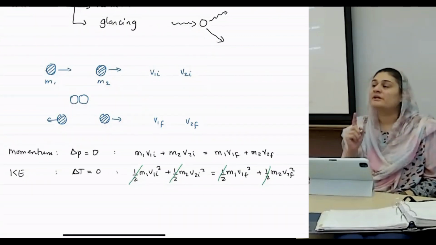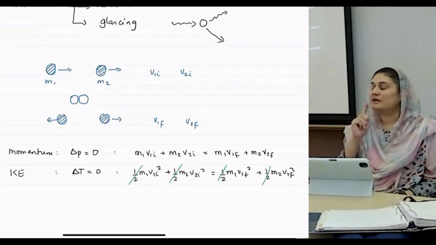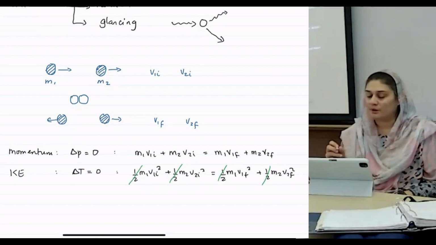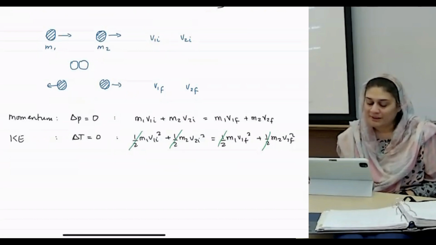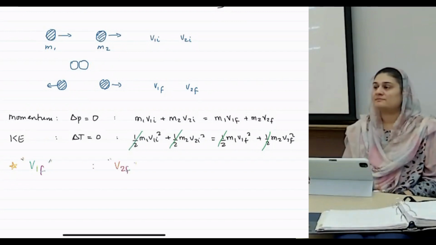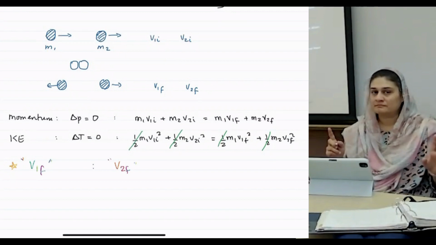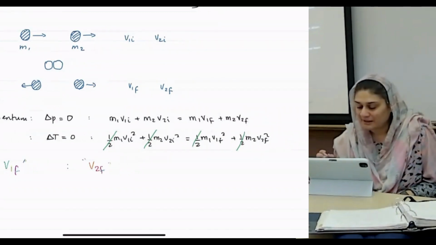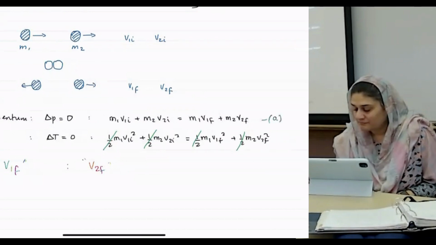So I am looking for, given initial velocities and initial masses, V1 final and V2 final. Equations for those. Are we ready? May I call this equation A and this equation B?